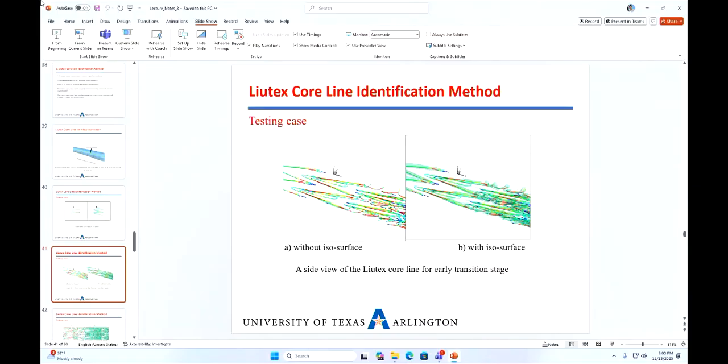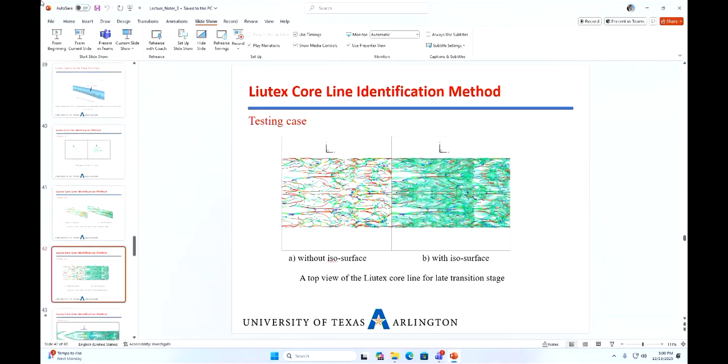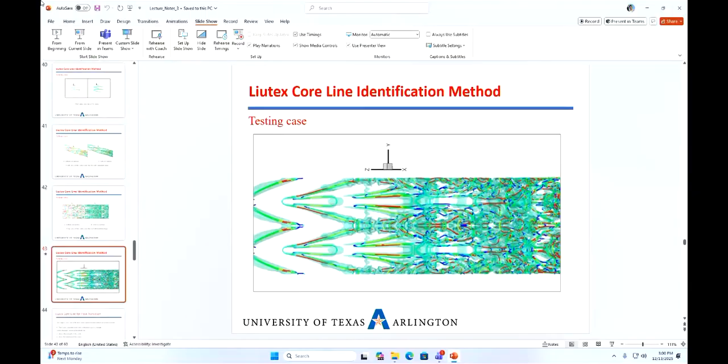But this is not. The red one means strong, the blue one means weak, and the blue one means 0. So you can see this core line has different strengths. This is the isosurface, and this is the core line. The red one means very strong. This is made by some students.